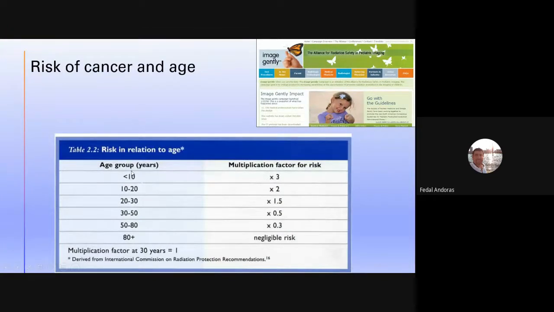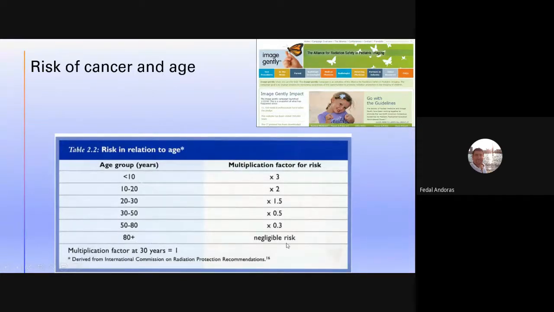Look at that, age group by years, multiplication factor for risk. Less than 10 is multiplied by 3. Same dose applied to any child less than 10 years, or 8 years, the effect for the child will be multiplied by 3.